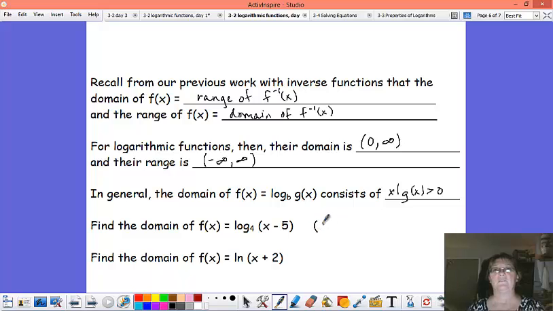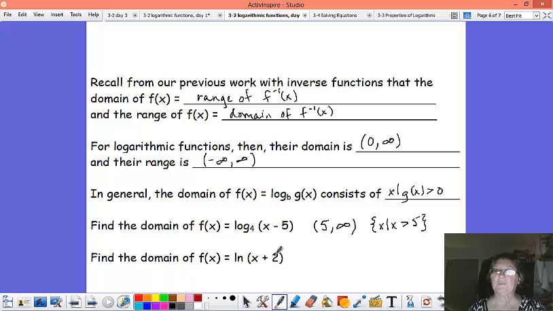Instead, it has to be greater than 5. We can show that in interval notation by saying 5 is not included, but then it can go on from there. Okay? Any number larger than 5 is okay. If you were writing that in set builder notation, you'd say it's all x such that x is greater than 5.